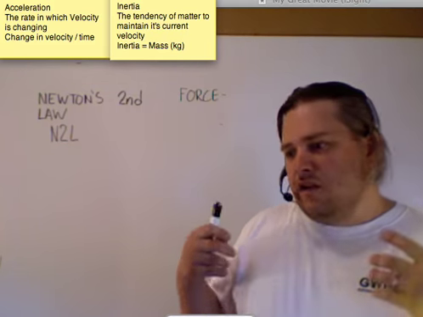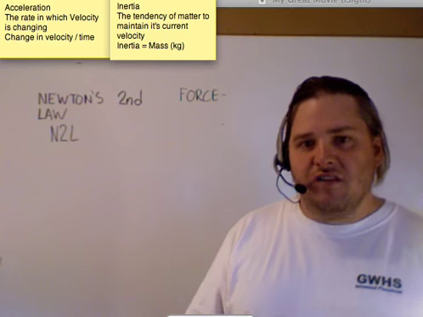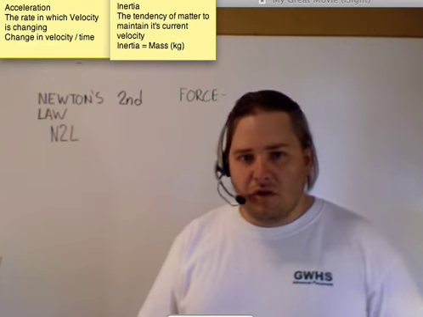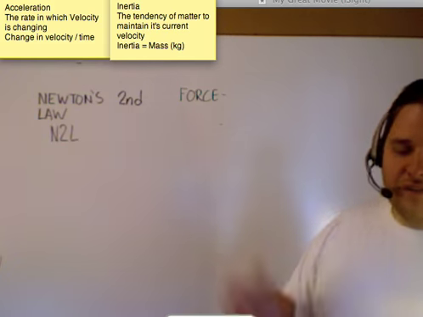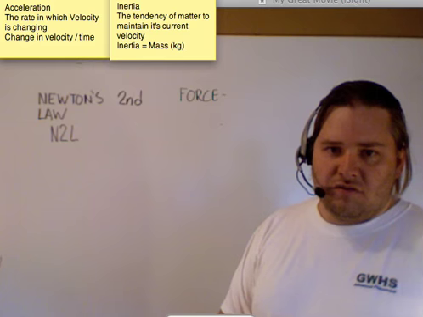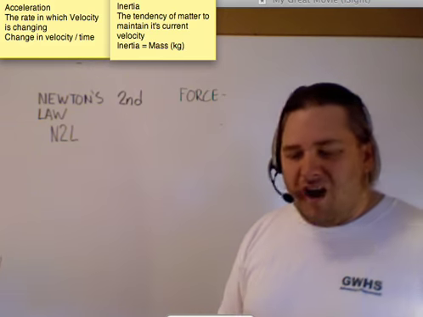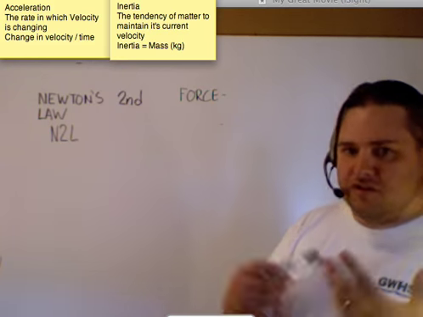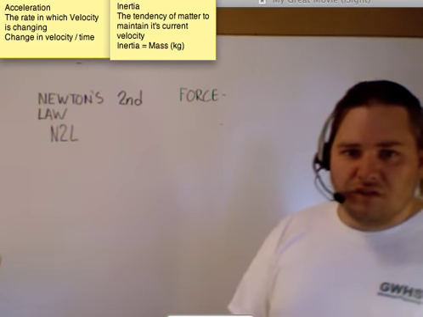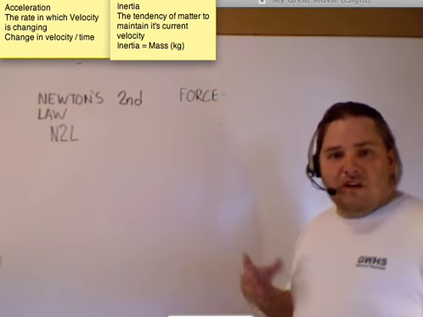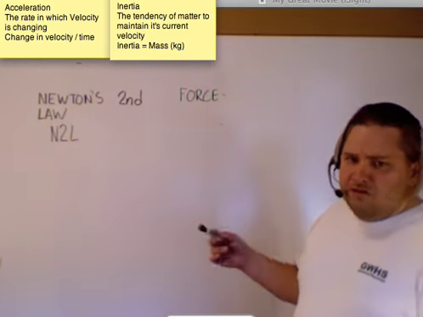Anything that can create a change in the motion of an object is a force, or anytime you experience a push or a pull. So the Newtonian definition is anything that can create a change in its motion is a force. The more common sense definition is anytime you experience a push or a pull. You feel a push, you feel a pull, you're feeling a force. Any one of those can be a definition for force, but I'm going to use the push or a pull.